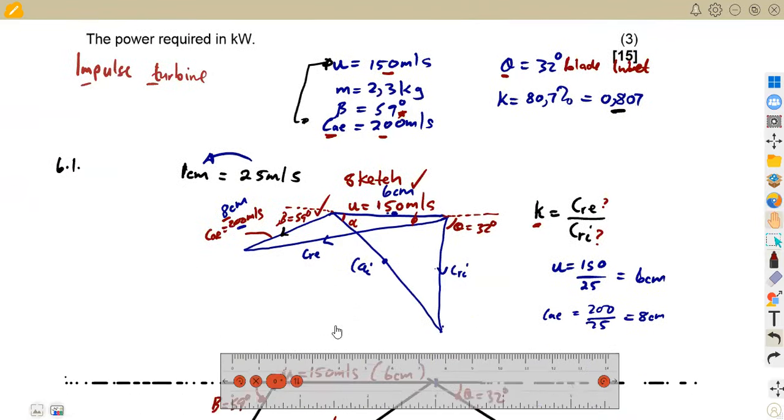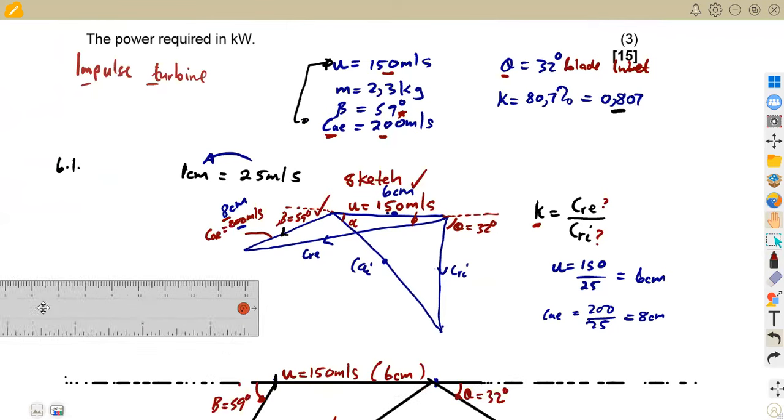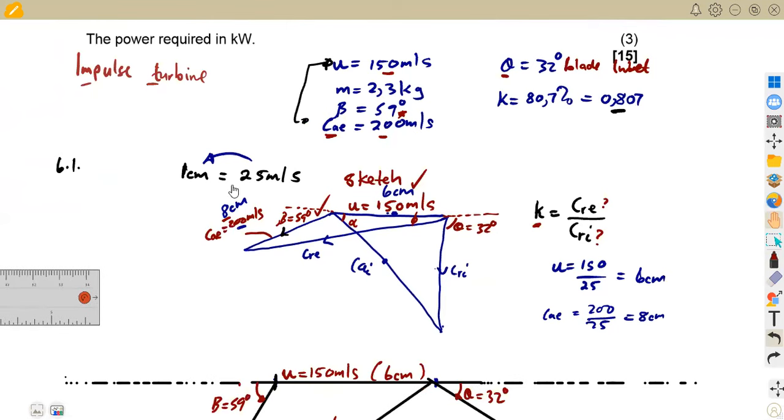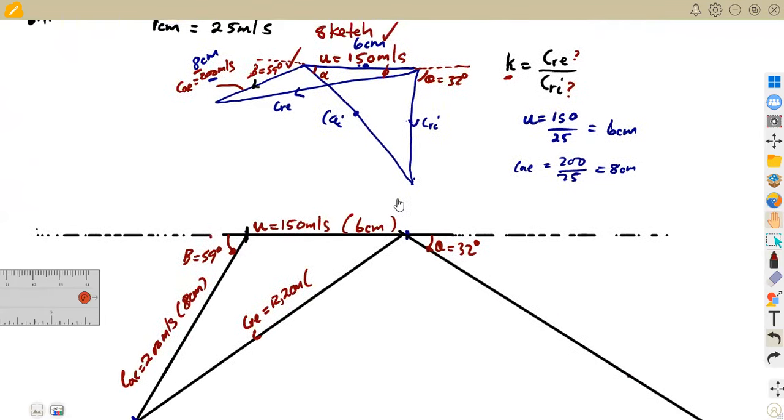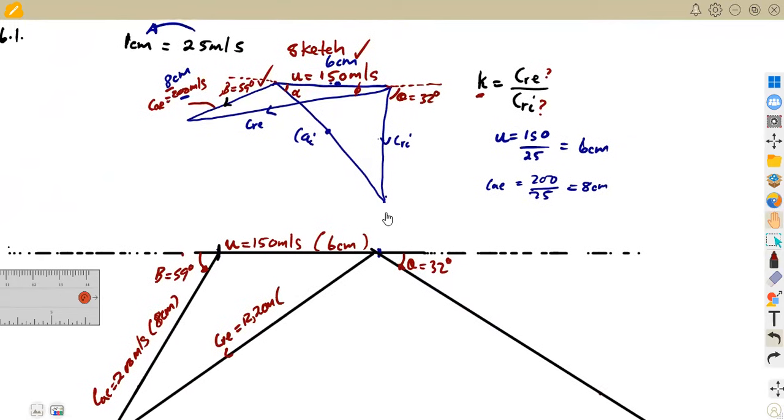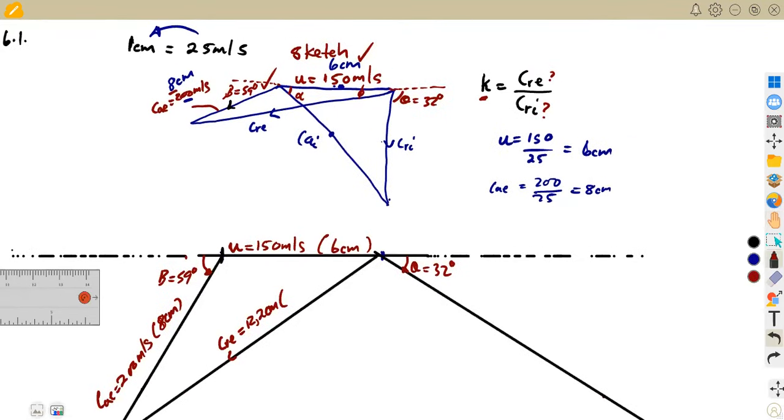We are given that each and every centimeter is equal to 25 meters per second. So we are going to use that as a conversion: one centimeter represents 25 meters per second.